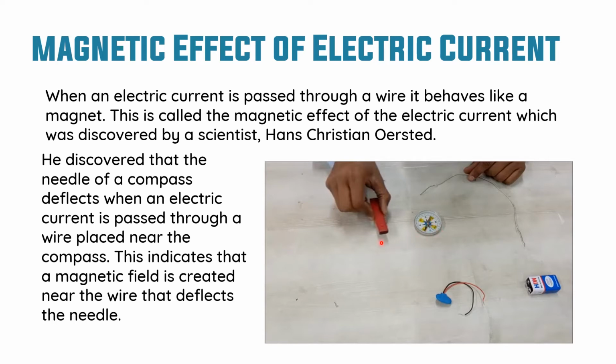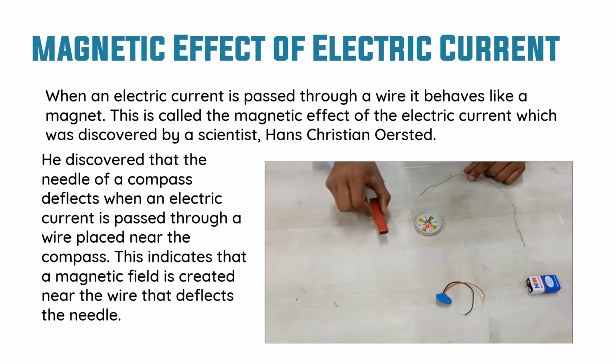Now we will discuss this activity. He discovered that the needle of a compass deflects. Deflects means it is moving, a small movement. It deflects when an electric current is passed through a wire placed near the compass. So here in this picture you can see one wire, and that wire is connected to the battery. So electricity passes through the wire.